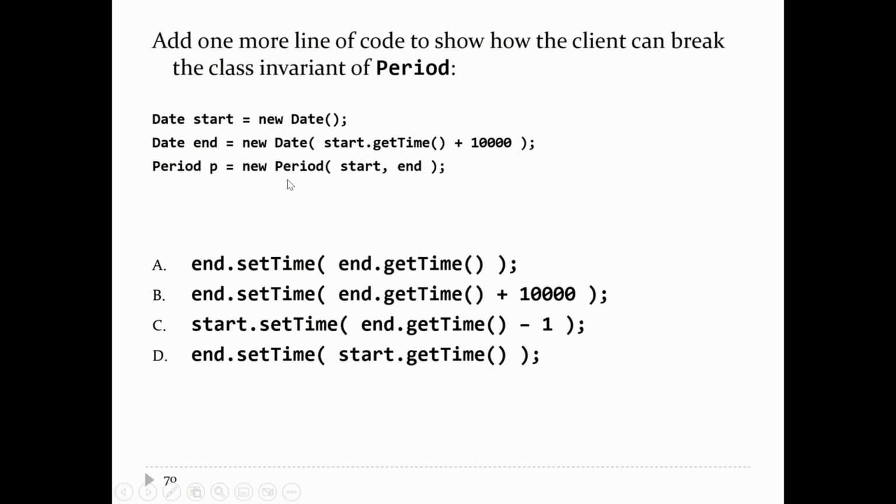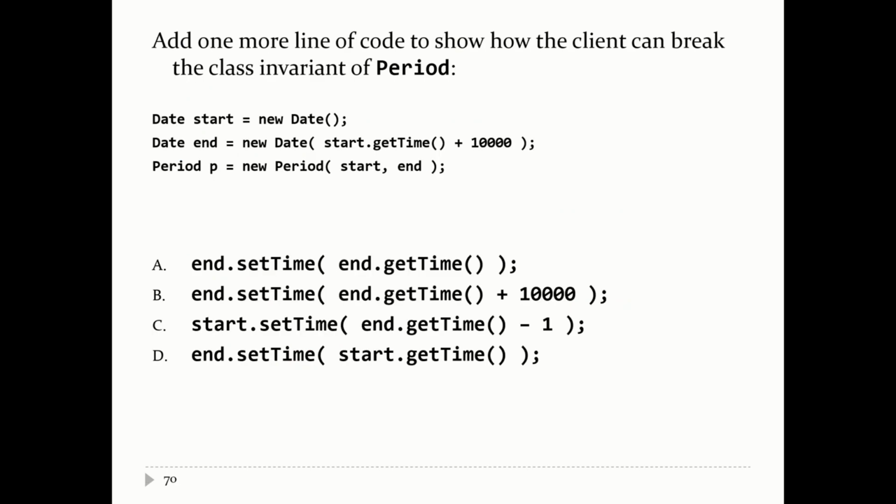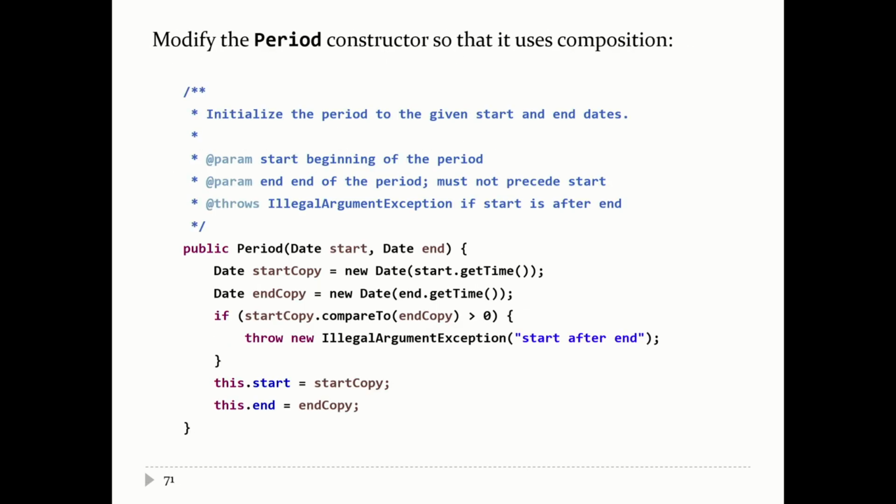So if you implement the constructor this way, there's no way the Period class can guarantee that its invariant is always true, which more or less makes the Period class useless, or it makes the invariant useless anyway. So what's the solution? You have to make sure that when you take the start time and the end time into the class, you copy them. You don't use them as they are. So it's straightforward.